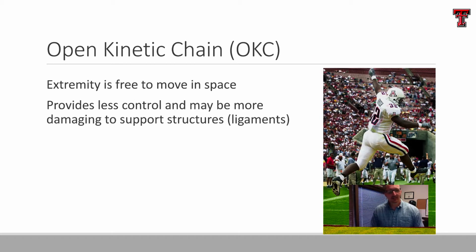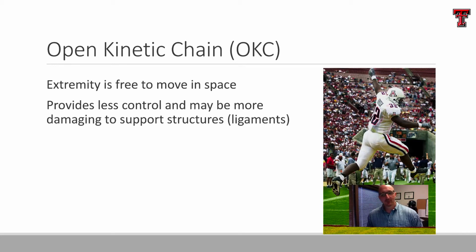Open kinetic chain exercises, on the other hand, that extremity is free to move in space. There's less control, and potentially there's more damage to support structures or ligaments in some cases. So something like a hamstring curl or a knee extension on a machine is going to introduce torque. It's going to introduce some added forces that we don't necessarily want in that healing tissue.